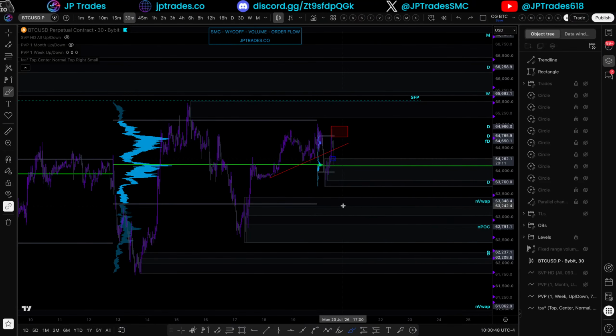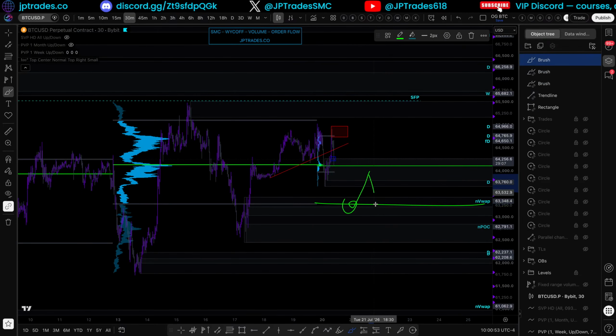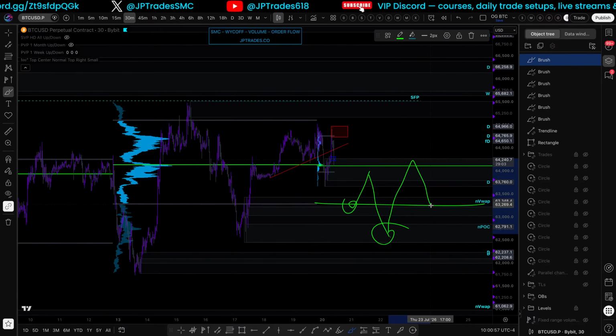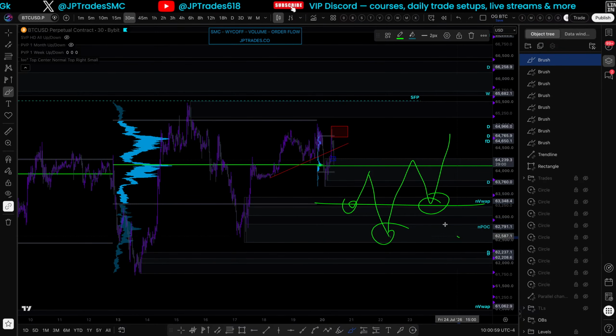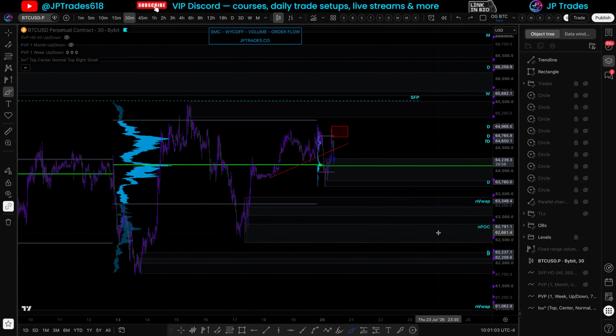But that doesn't mean you can't play tap one for a scalp on this level, potentially have a tap two down here, and then come back and have that spring of a Wyckoff Model 2.